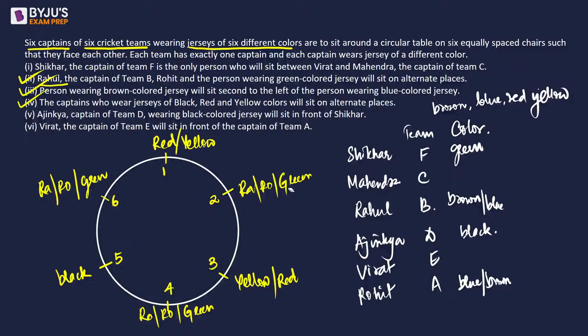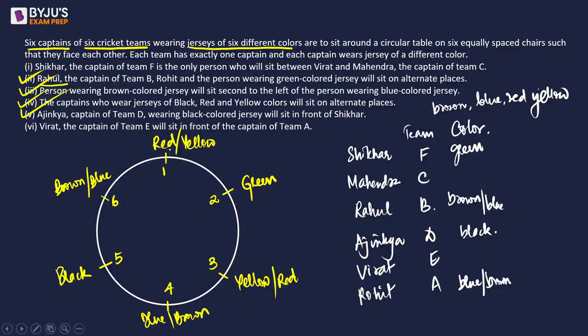So the only possibility is this is going to be green, and accordingly we will have brown and blue. So this is going to be brown, blue, or this is going to be blue, brown. So we have 4 cases as of now possible. So this is green. Okay, one more color is known.